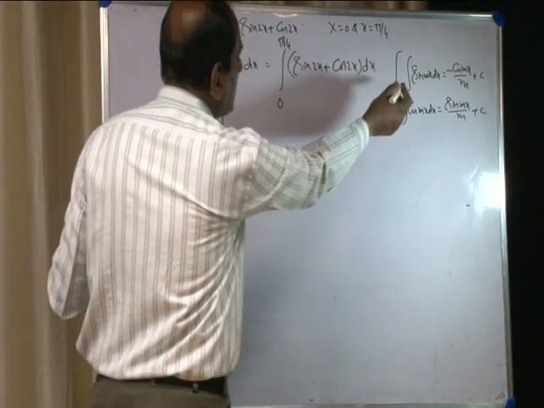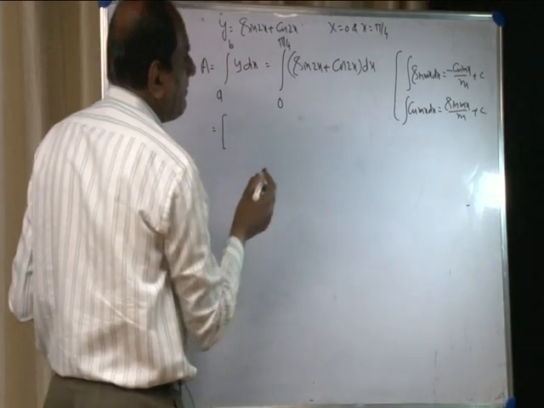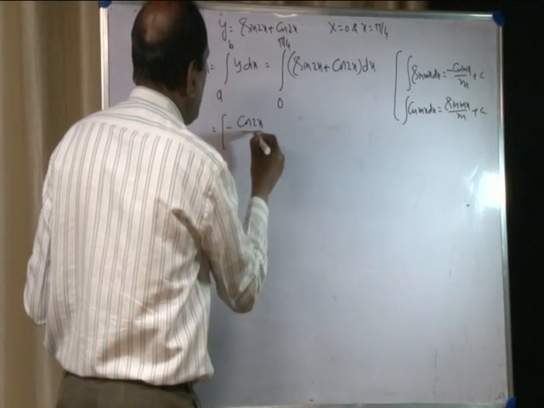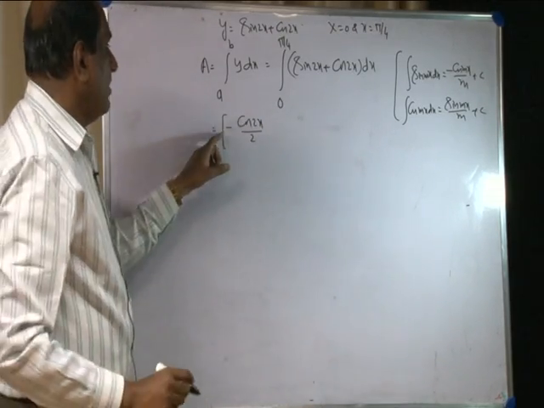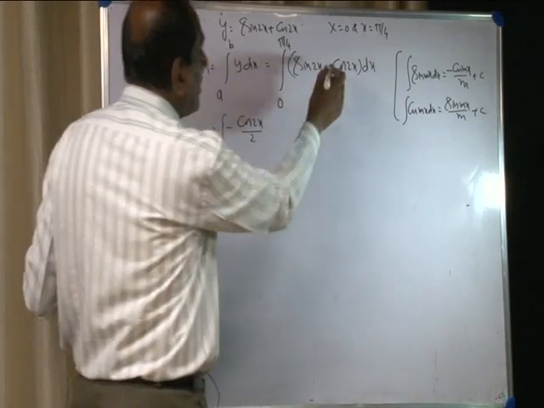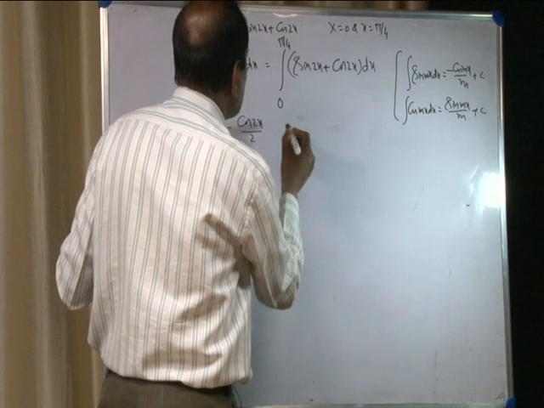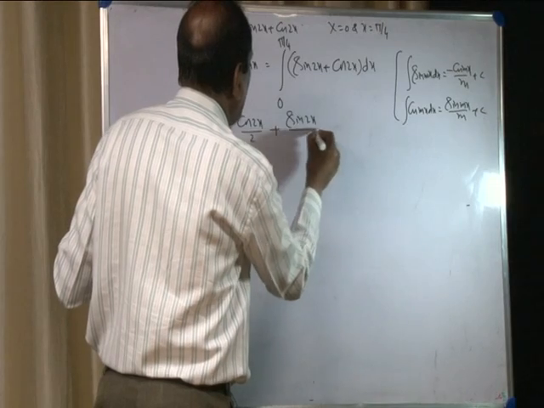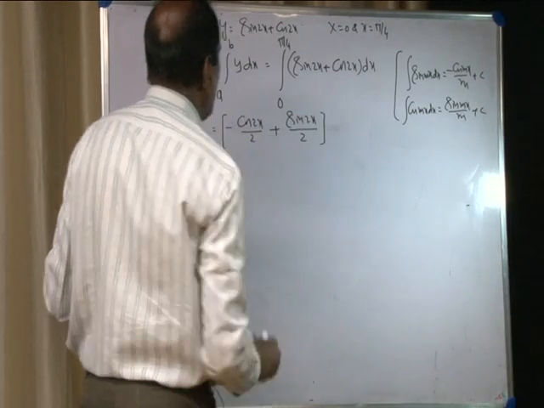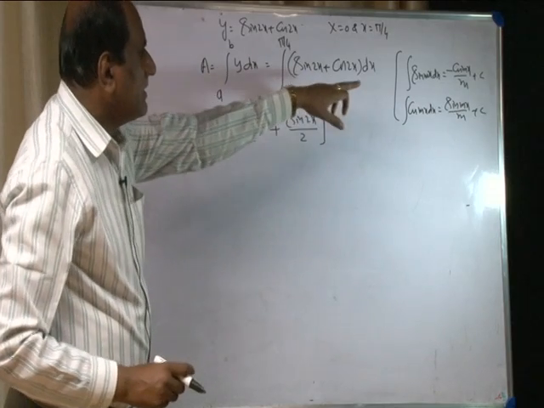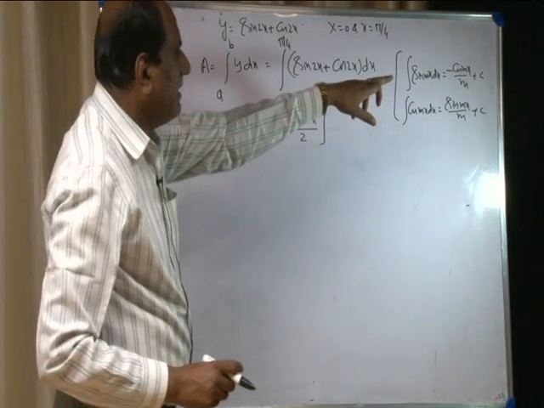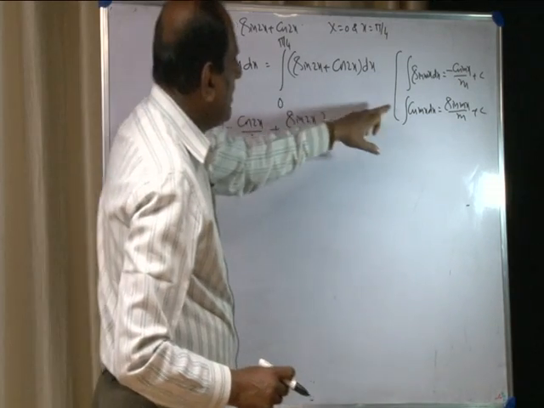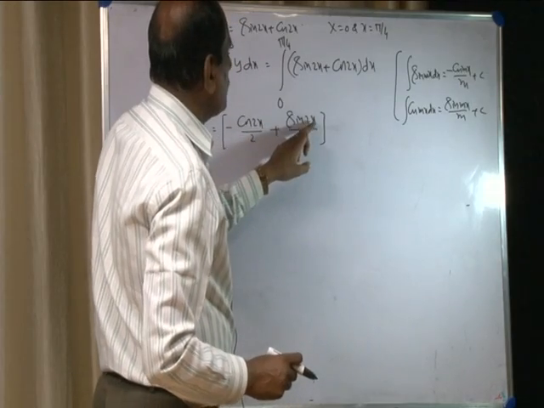So, sin 2x integrates to minus cos 2x by 2, and cos 2x integrates to sin 2x by 2.